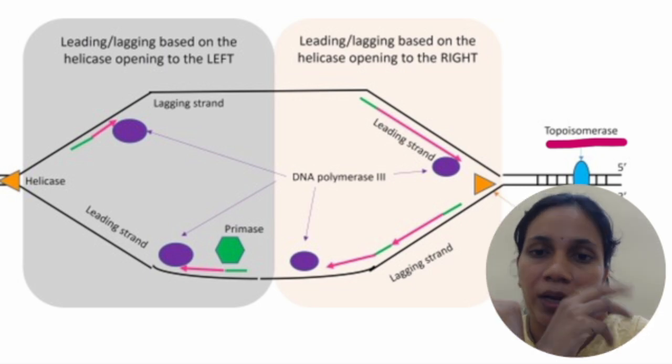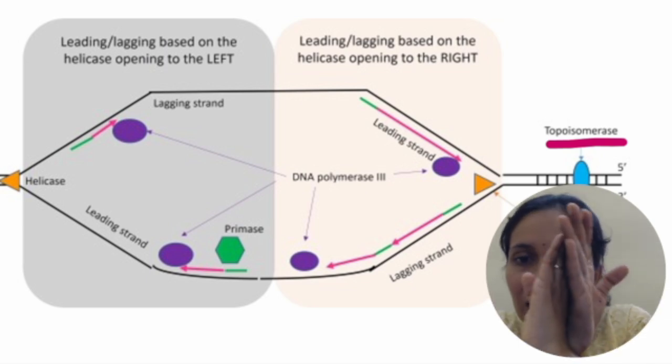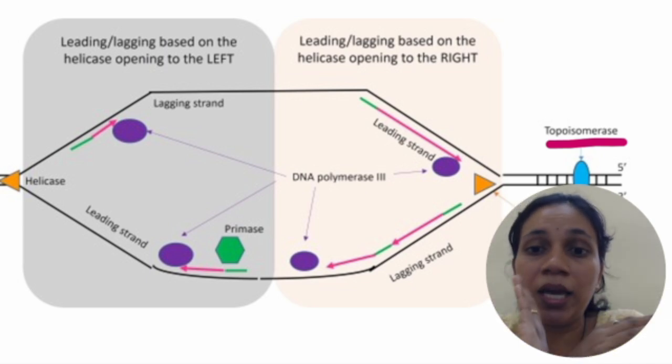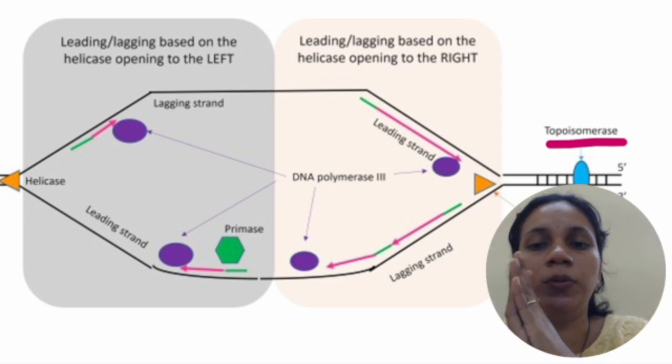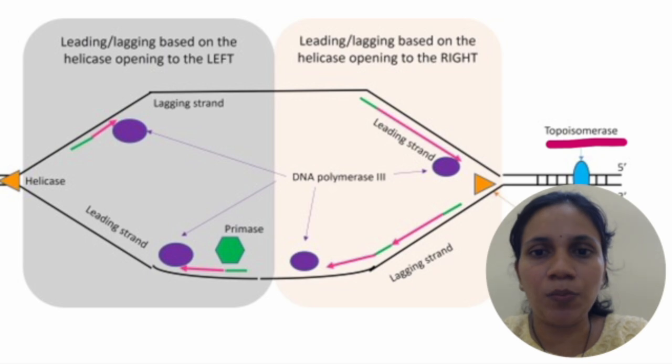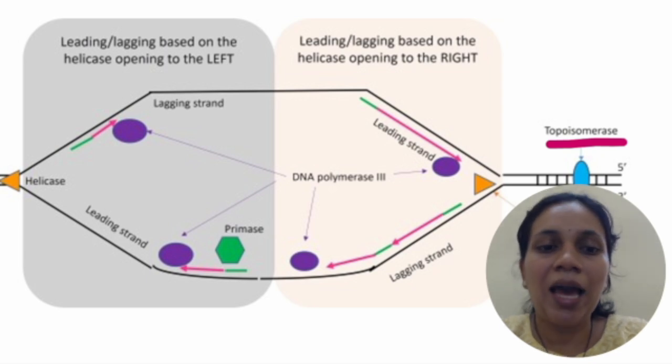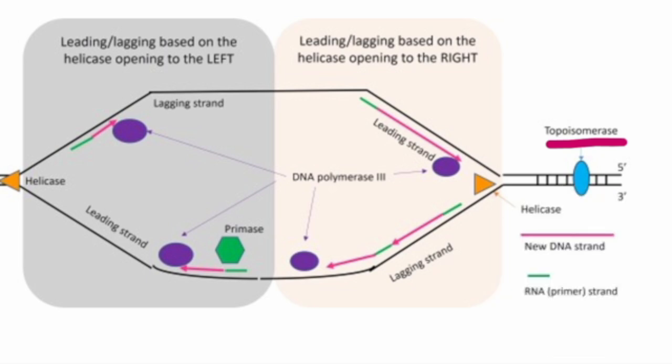So there is a very high chance that they will coil back or again form complementary base pairs. There should be something to stop this. That work is done by the enzyme helicase. The enzyme helicase is going to stop the coiling. So that is the work of helicase.